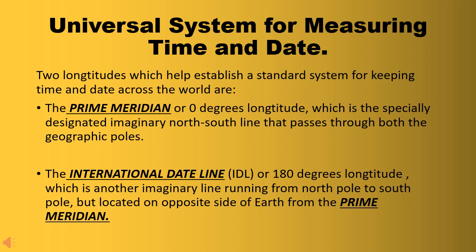Number 2, the international date line or 180 degrees longitude, which is another imaginary line running from North Pole to South Pole but located on the opposite side of Earth from the prime meridian.